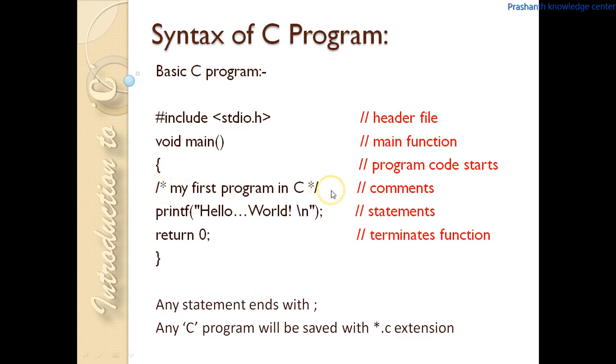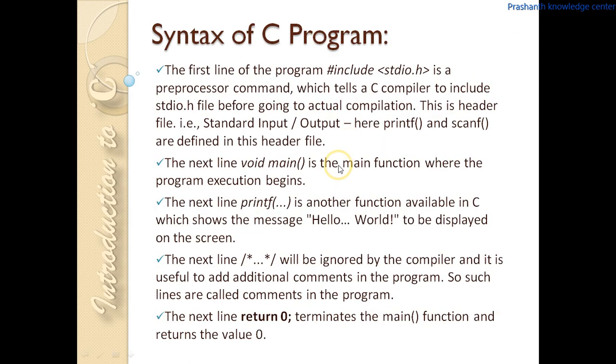If we give two slashes, then the comment is treated as a single line comment, meaning the comment can be written only in a single line. And if we want to write multiple lines of comments, then we have to use this type of representation.